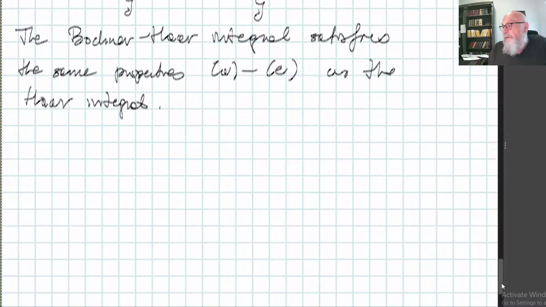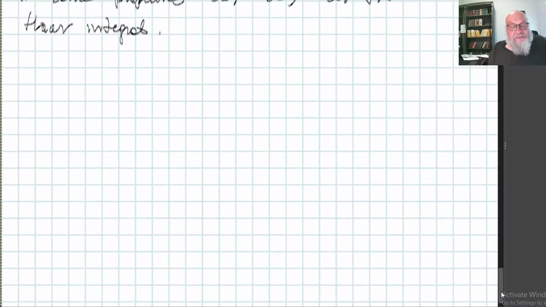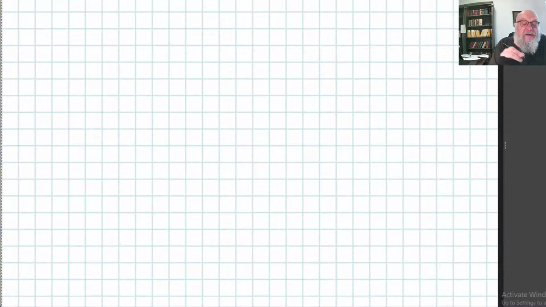So let me go to the next page and let's make a proposition. This will be just to play a little with this integral.